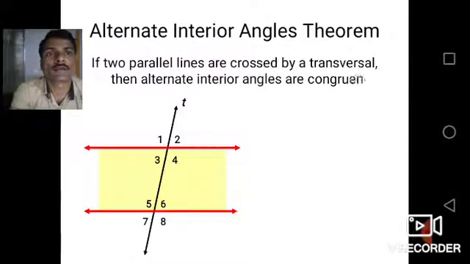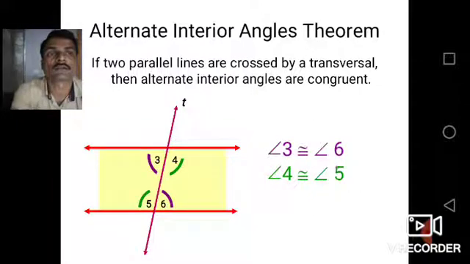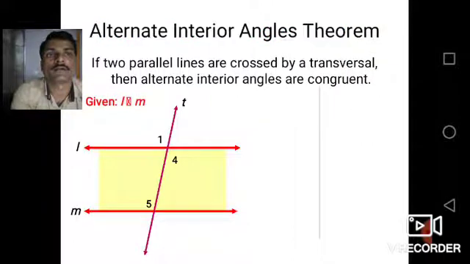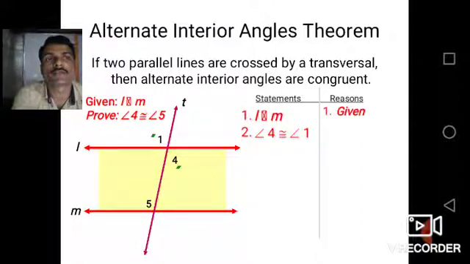Pairs of alternate interior angles are congruent if the transversal intersects two parallel lines, and alternate exterior angles are also congruent. This is the alternate angles theorem. Complete this activity with the statements and reasons.